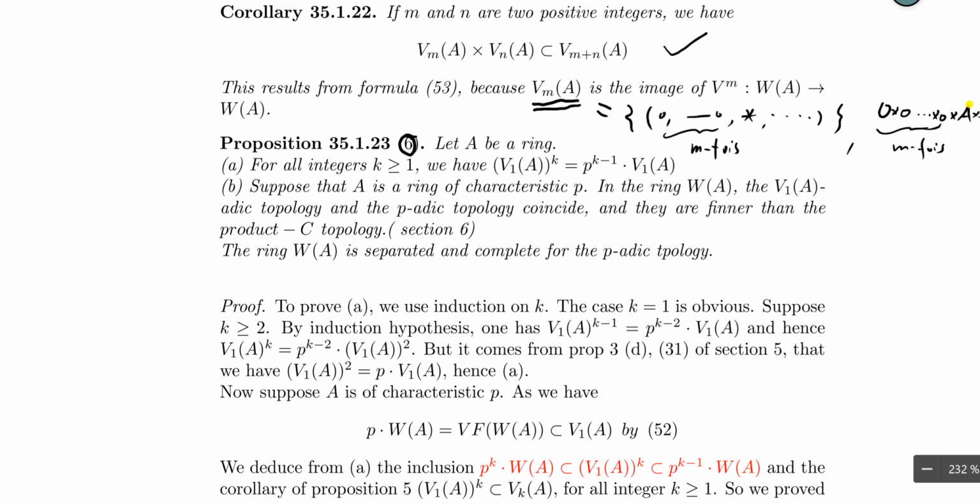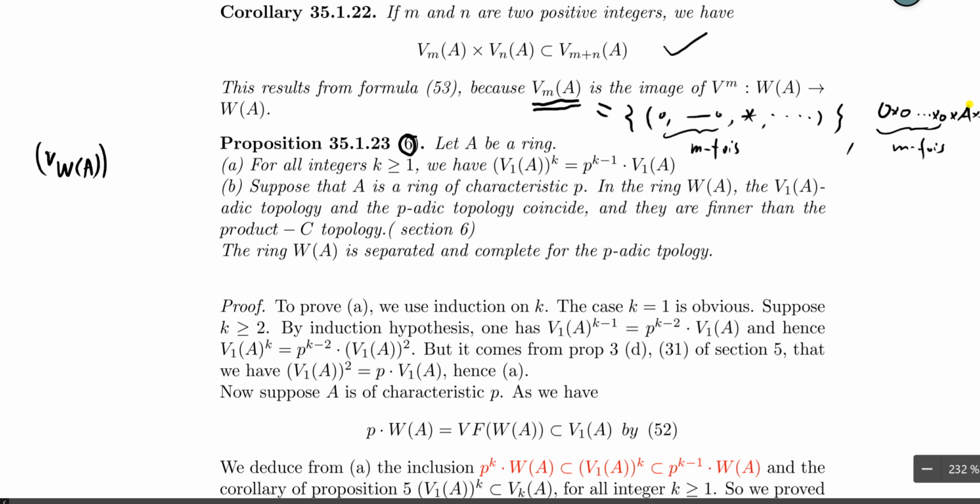So what we want to claim here is that WA multiplied with itself k times is p^(k-1) VWA.